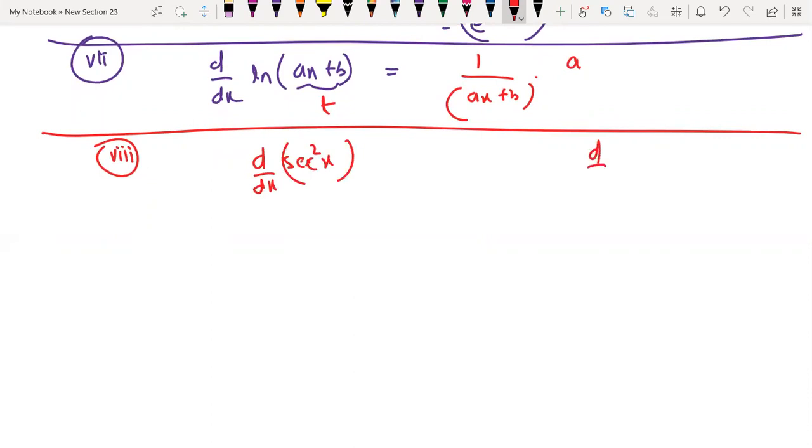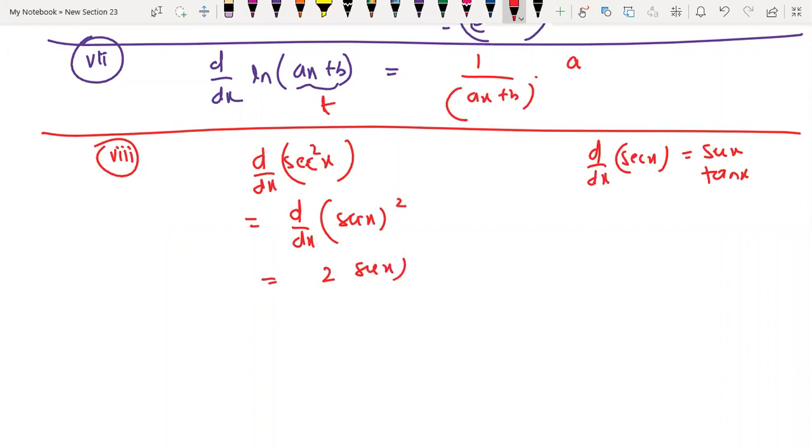Sec x का डिफरेंशिएशन का फॉर्मूला होता है sec x into tan x. तो इसको हम पहले assume कर लेते हैं, this is the square of sec x, which will become 2 times sec x, और फिर उसके डिफरेंशिएशन से मल्टीप्लाई.